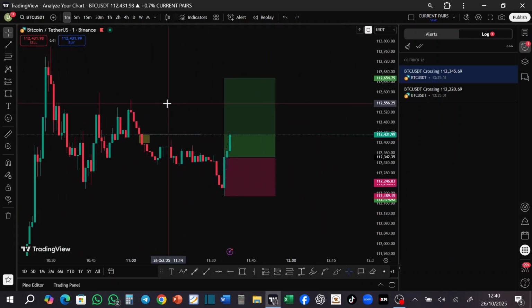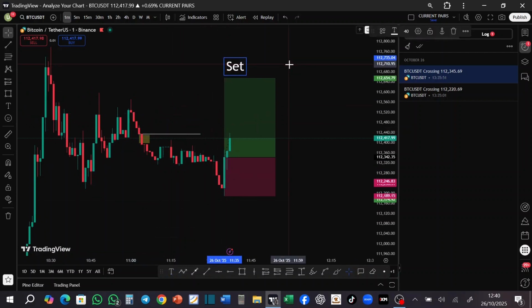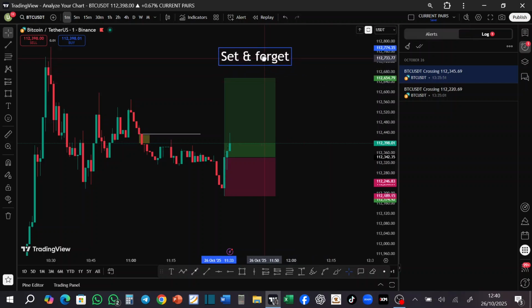Now when I make the entry, I use what I call set and forget, meaning that I'm not going to tamper with this. And then the TP, I'm going to set the take profit here.